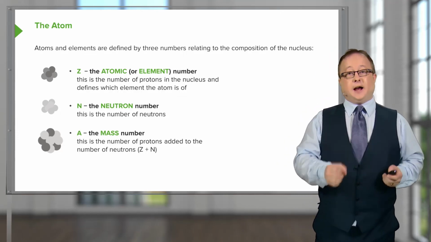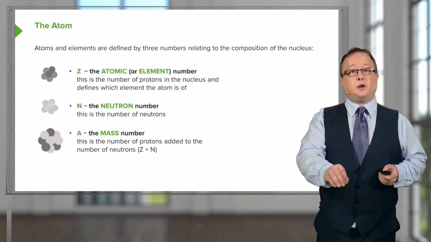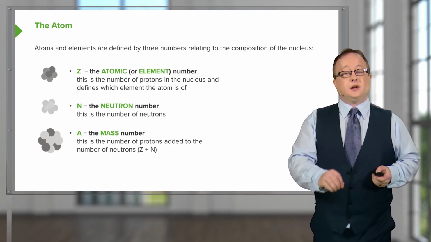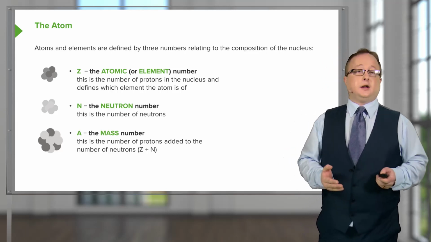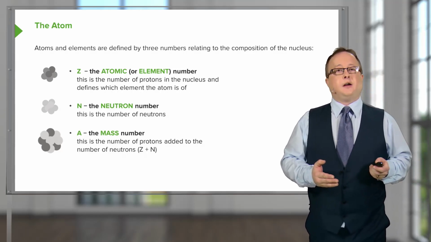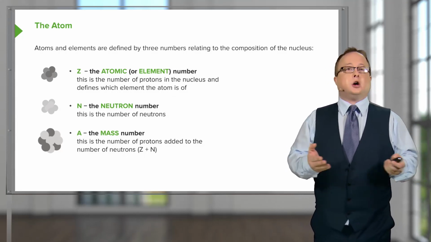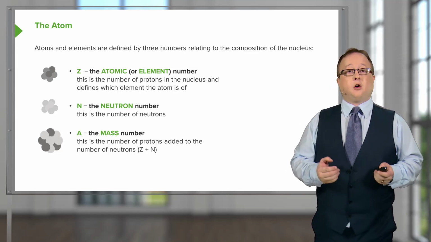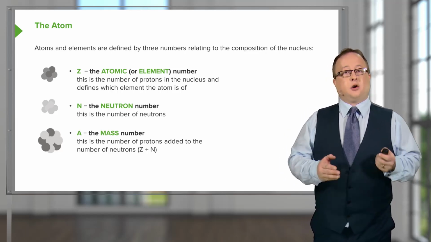And finally, A, which is the combination of neutron number, N, and atomic number, Z. So this gives you the mass number. Since, as we've indicated earlier, electrons have a very, very small mass, they are largely ignored from the overall mass of an atom. Instead, we tend to look at the combination of protons and neutrons when considering the atomic mass.